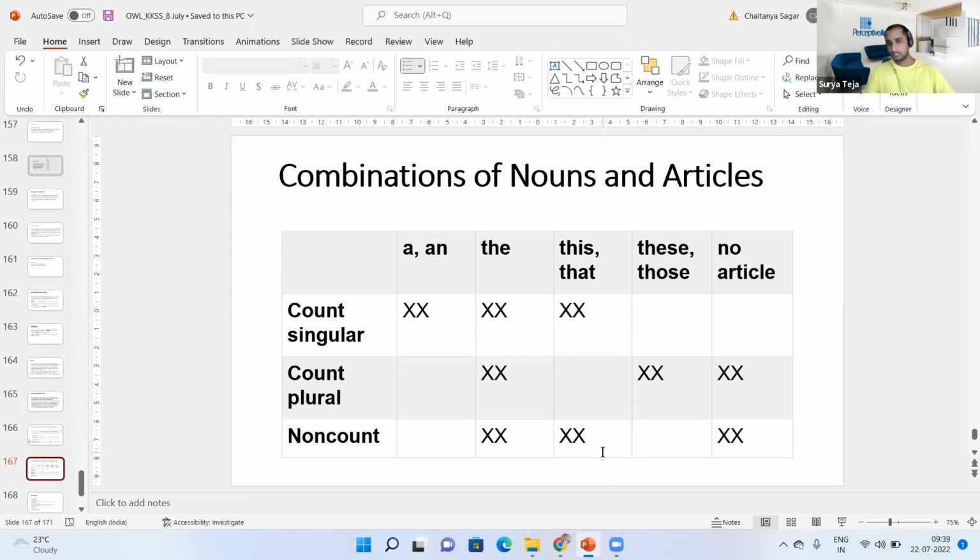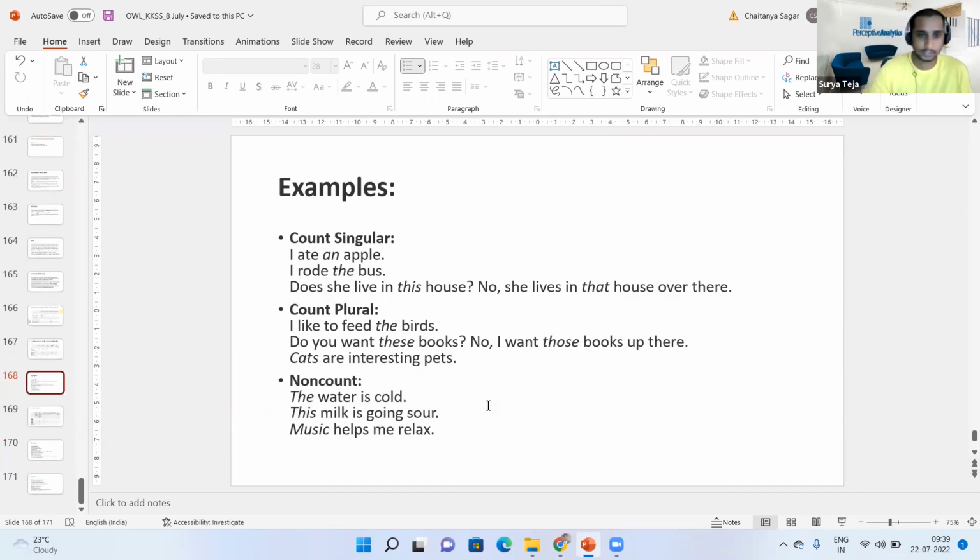Only if we are using that non-count noun in a count sense, for example, these difficulties I faced while making the project, or those kites which are flown during Sankranti or something like that. And yes, a non-count noun can come without the support of any article. So these are the rules which you have to keep in mind for all the count, non-count and plural count nouns.